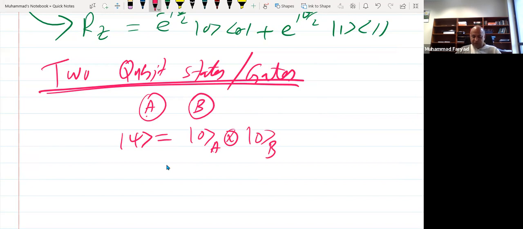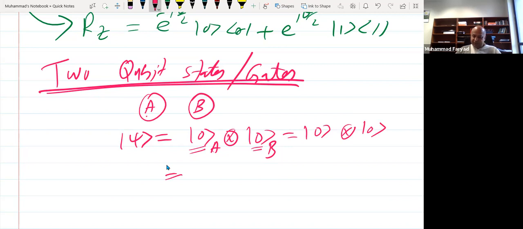The symbol actually is 0 sub A, 0 sub B, but since we can always remember that the first qubit refers to A and the second qubit refers to B, I can forget this subscript A, B. Sometimes we can bring them back if there is any confusion or we need to keep track of different qubits.